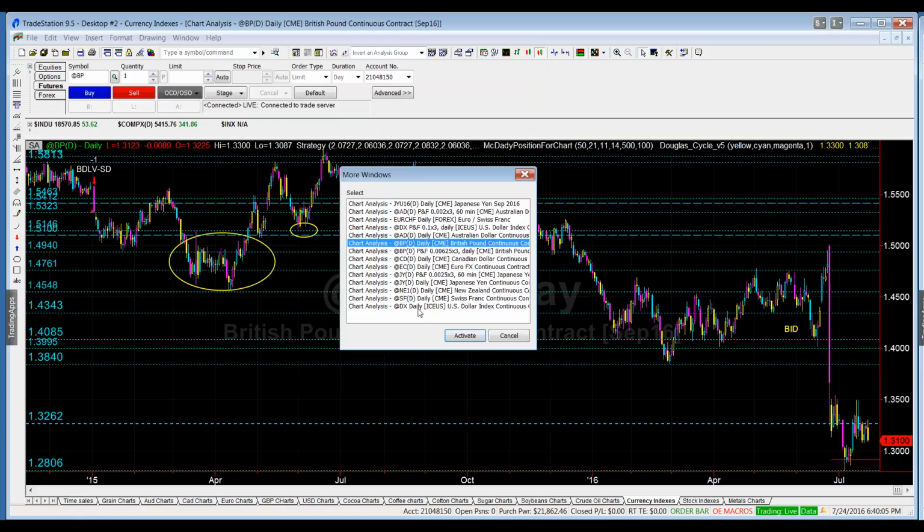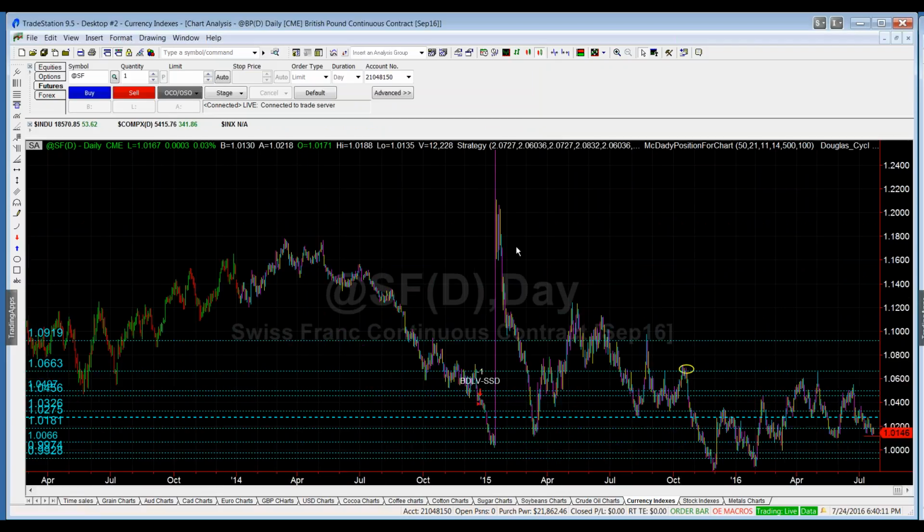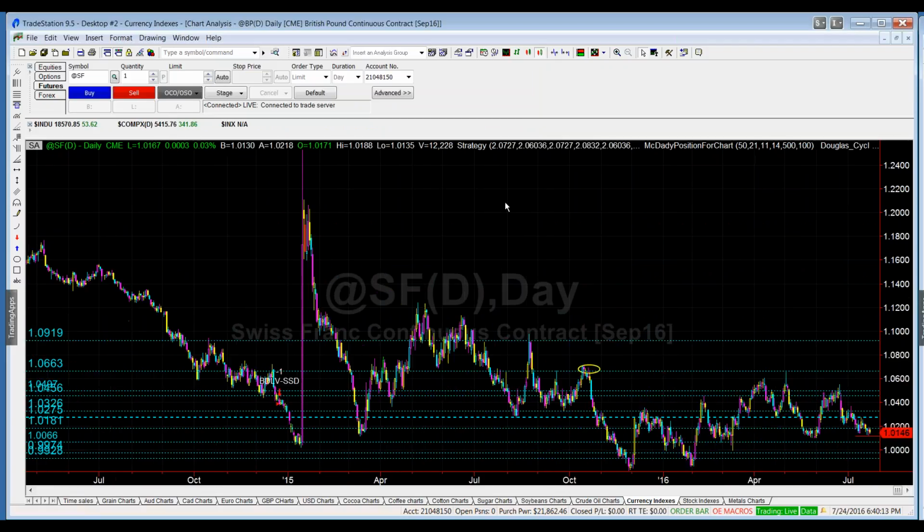This is the Swiss. This is the move of January when the Swiss flew all the way up. So this is January 15, as you can recall, 2015. That is about 18 months ago.